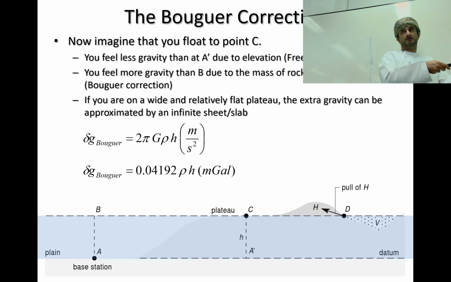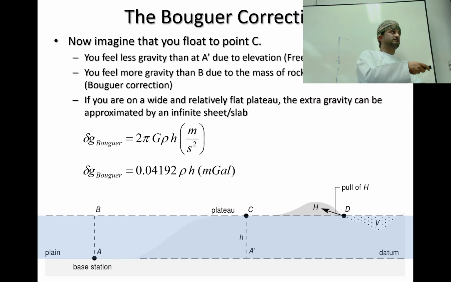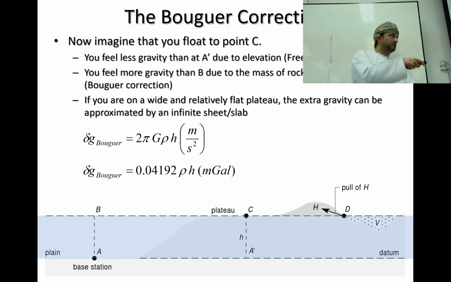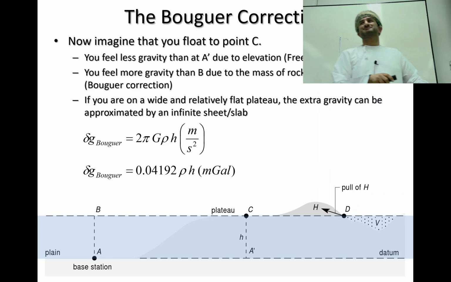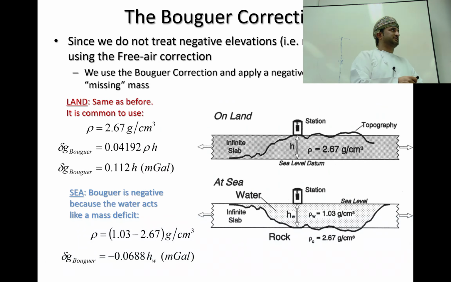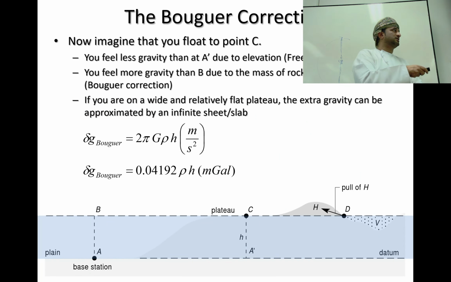The other parameter is the elevation, the same elevation we use for free air correction. I give you these values, I give you the number without the equations, probably, for the exams.